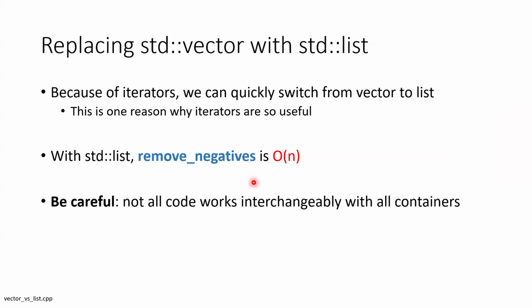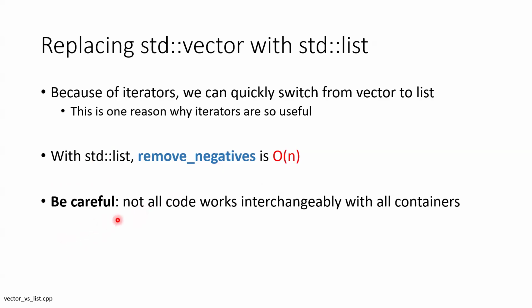So because of iterators, we can quickly switch from vector to list by just replacing vector with list. And that's one reason why iterators are so useful, because iterators are defined for all containers, and the operations are very similar between containers. And with list, remove negatives is O(n) instead of O(n squared).